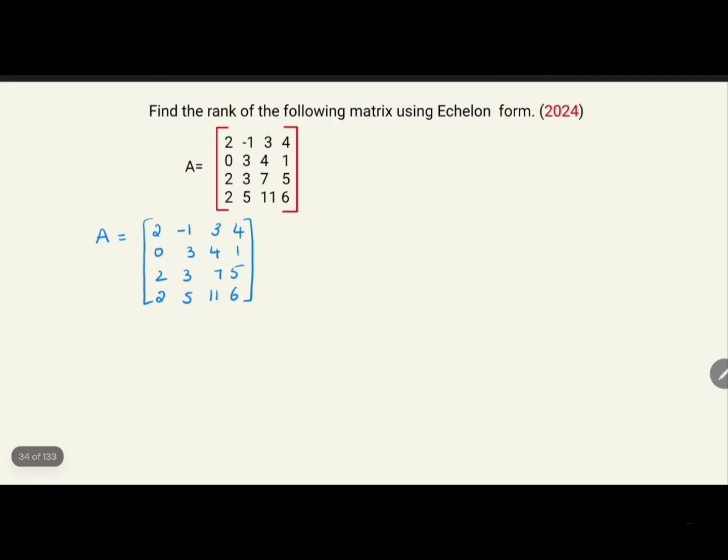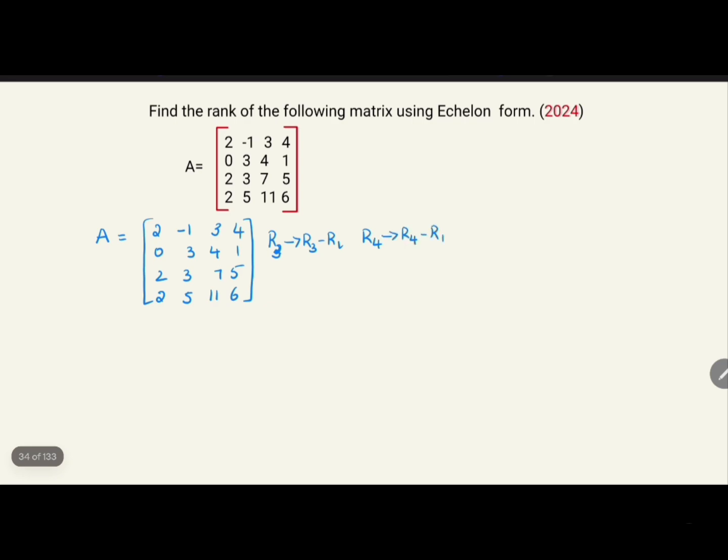Now coming to the second step, we have to make the elements below a11 zero by making use of R1. For that, see here, this element is already 0, so leave it. We'll check for these two elements. What will be the operations? R3 implies R3 minus R1, and R4 implies R4 minus R1.